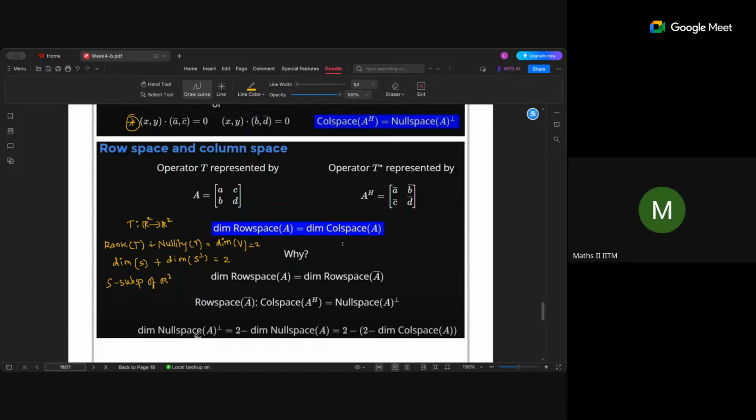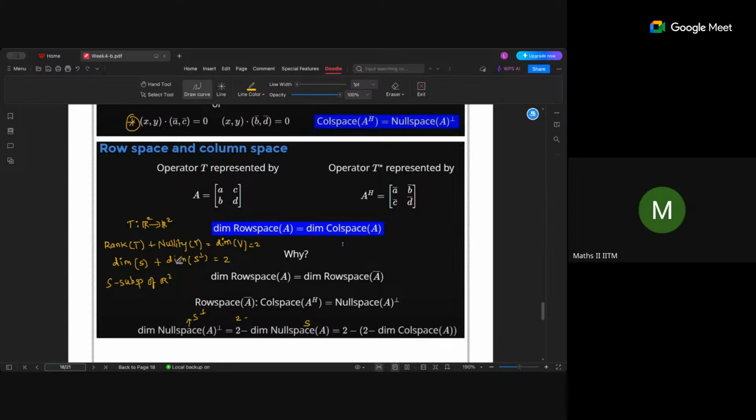Now what is the next thing? The dimension of the null space of A dual. We use this property here: it is 2 minus the dimension of the null space of A. Here S is the null space of A, so the dimension of S perp is 2 minus the dimension of S. Then we use the rank nullity theorem.